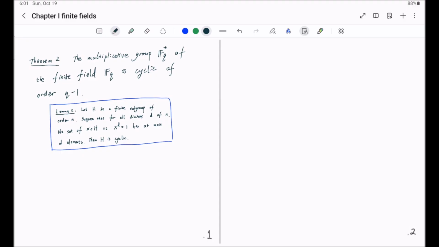And now we'll use our lemma 2 to prove our theorem 2. To use our lemma 2, we let H from lemma 2 be the multiplicative subgroup F_q star of the finite field F_q, and we take n equal to q minus 1. n is the cardinality of this guy, because this is, as a set, just F_q minus 0.